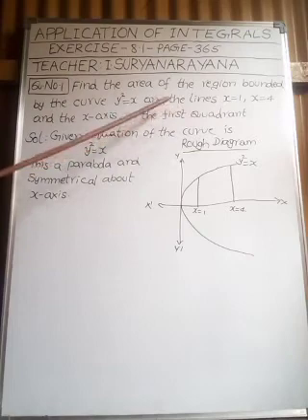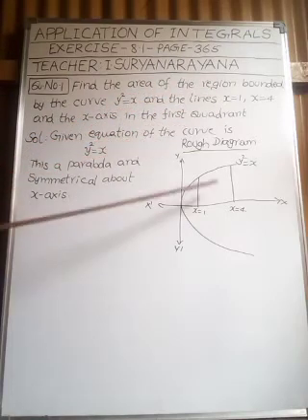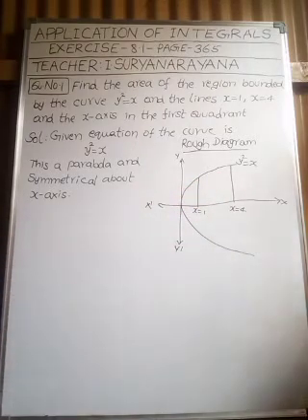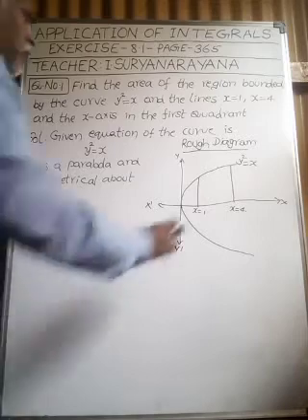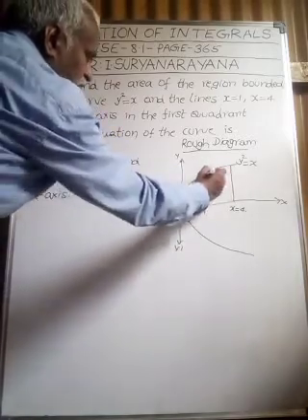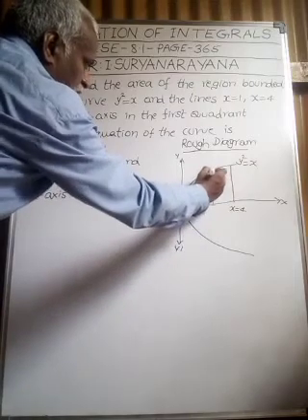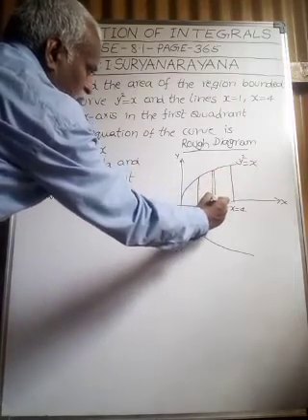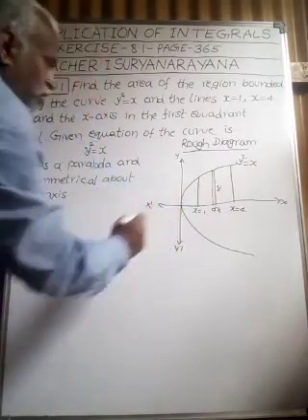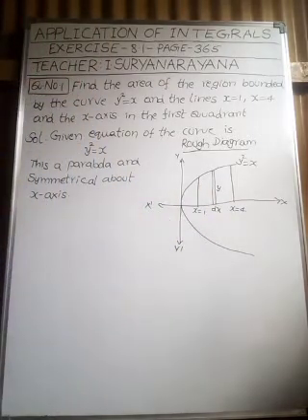But they asked for the area of the region bounded in the first quadrant. So we should consider this part of the region only. This part of the region is standing on the x-axis, so let us consider vertical strips. Okay, my children, the strip is y into dx. Yes or no, my children?